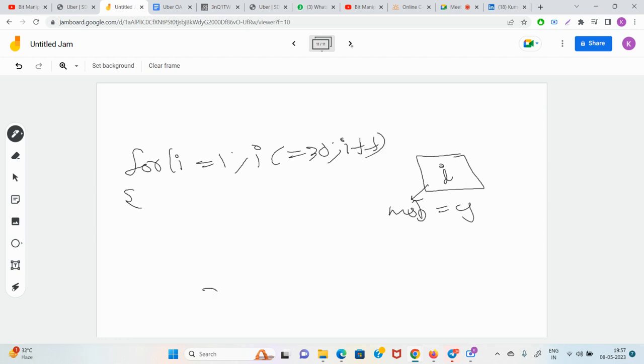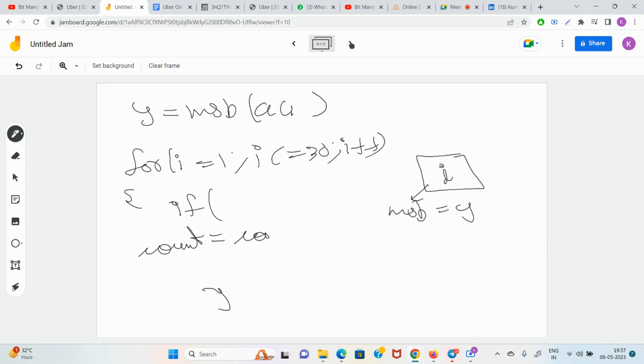So Y is nothing but the MSB of A of I, the most significant bit I calculated. Now I run a for loop of J: J equal to 1, J less than or equal to 30, J plus plus.